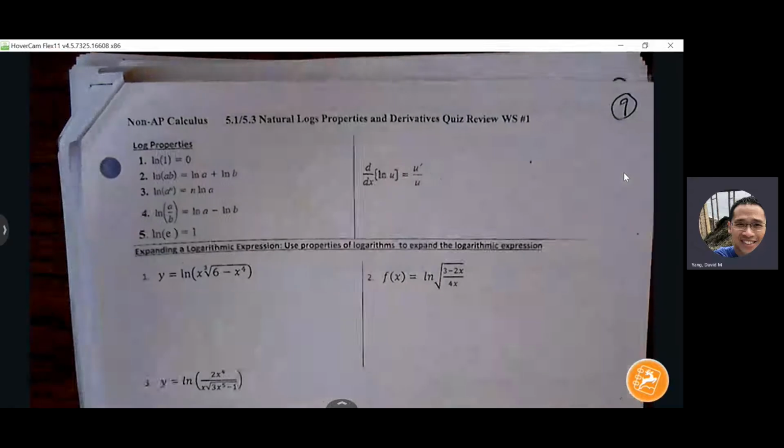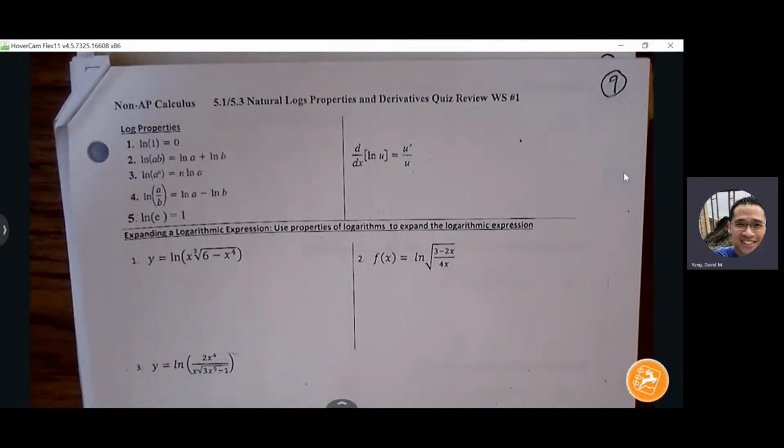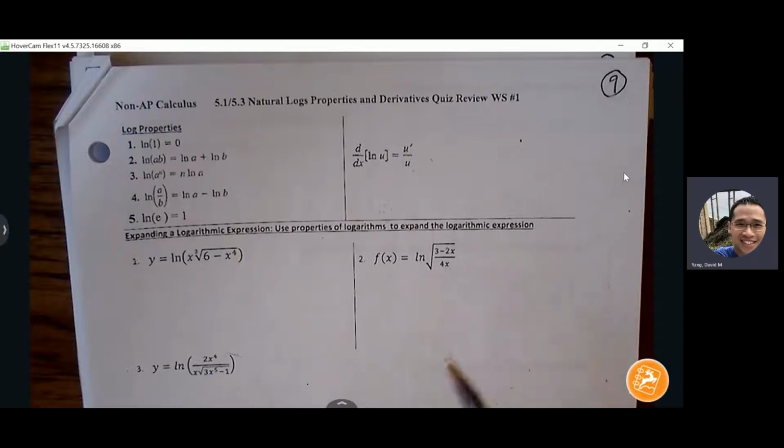Yeah, let's start with there's a quiz review page here, which we're not having a quiz this year. Page 9 in your Chapter 5 packet, not in your test packet. So we'll save the test packet for later. So these are all expansion problems, no calculus involved.